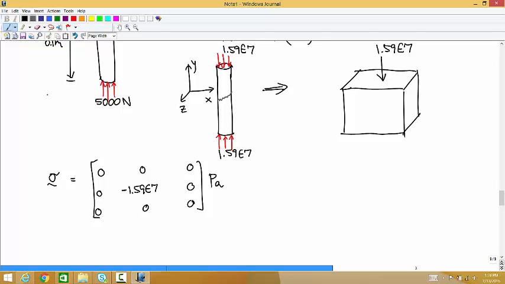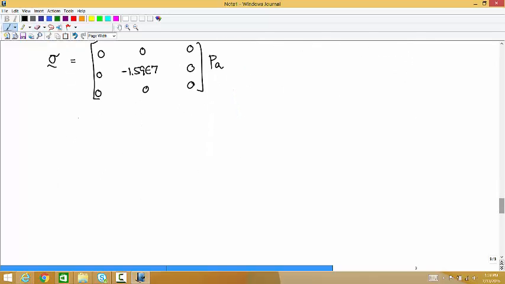Okay, one more thing about this. What if this member was loaded with point forces rather than with uniform distributed loads?